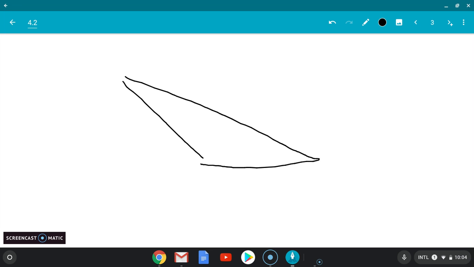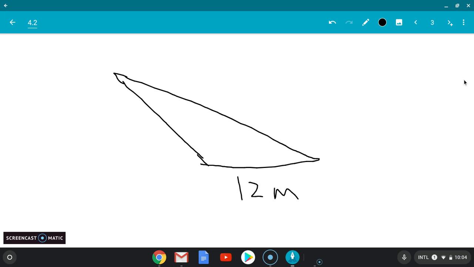Here we're going to have a different type of triangle. Now let's say this bottom side is my base, still a three-sided figure, right? But it's not a right triangle because it doesn't have a right angle. So this bottom side right here is 12 meters. My height is not going to be the side, though, because the height has to go from the lowest point of the triangle, lowest level of the triangle, to the uppermost point.